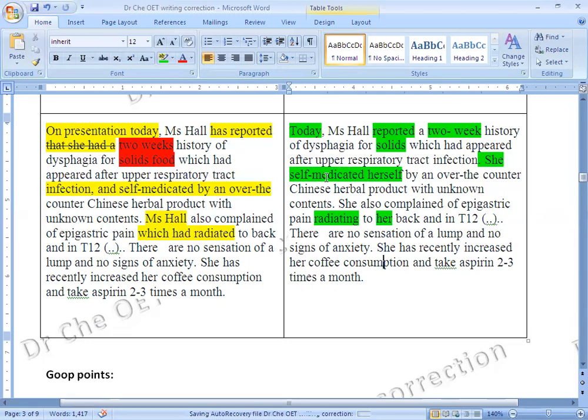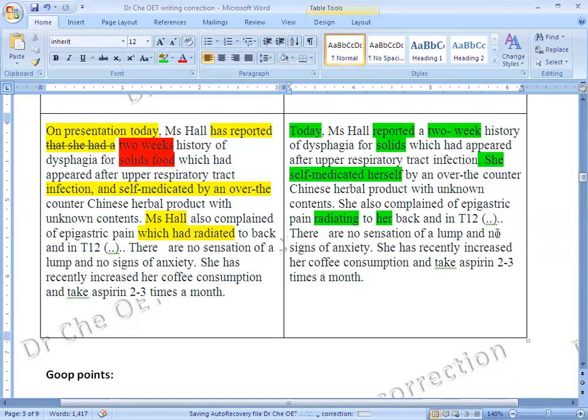We can use present tense or past tense, both are okay, but we should be consistent with one tense. If you are going to use present throughout, then use present; if past, then use past throughout. I would prefer past. There was no sensation of a lump and no signs of anxiety. Or better, she had no sensation of a lump and signs of anxiety.